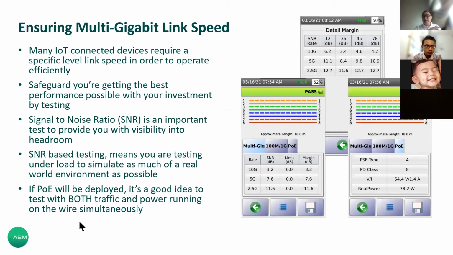Other than cable testing, we also want to talk about another type of testing, what we call multi-gig link speed. What we are testing is the signal running on the cable during live operation.